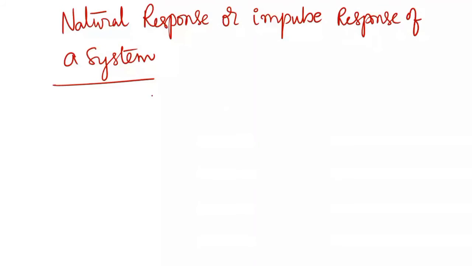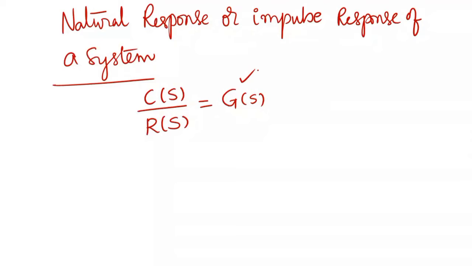So, we know that the general form of a transfer function is the ratio of the Laplace transform of output to the Laplace transform of input. It is defined as the transfer function. So if G of s is the transfer function of any system, the value of this G of s is equal to C of s by R of s.